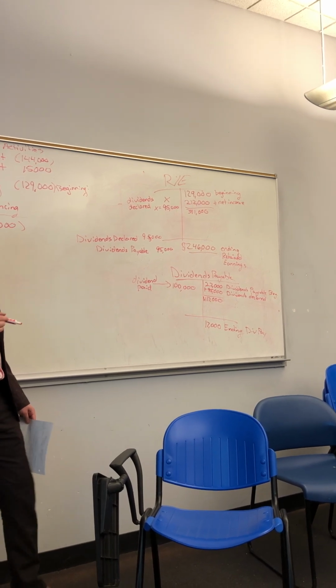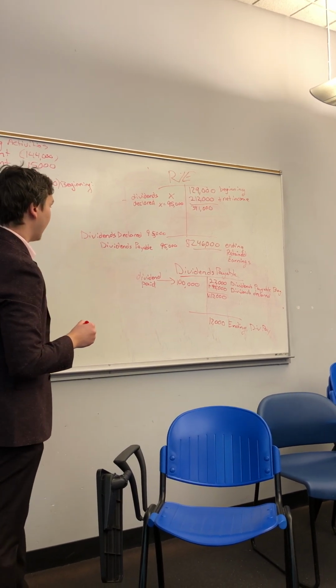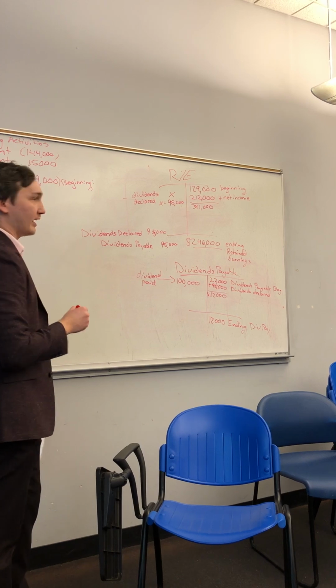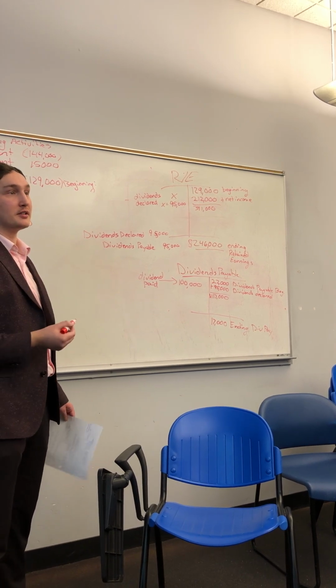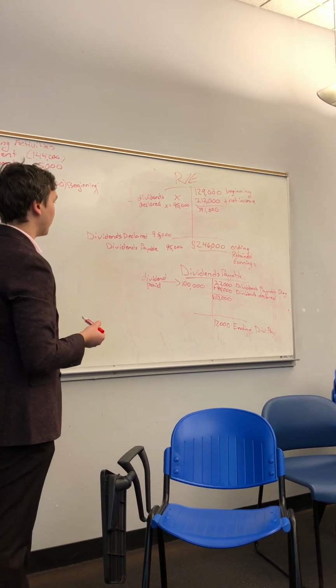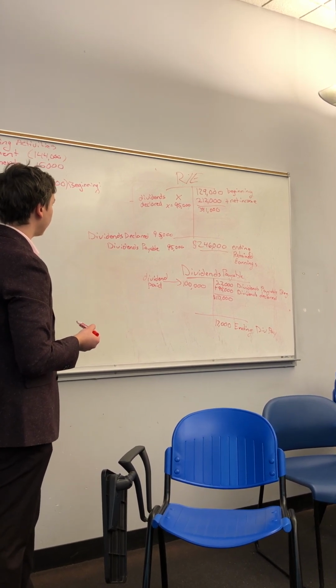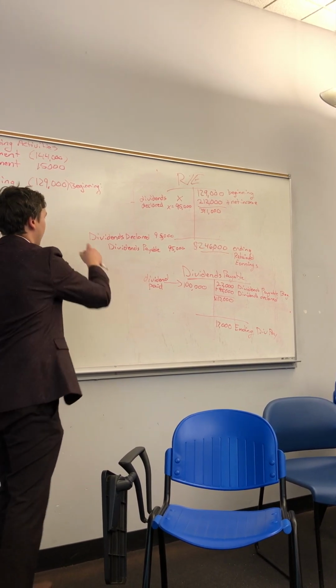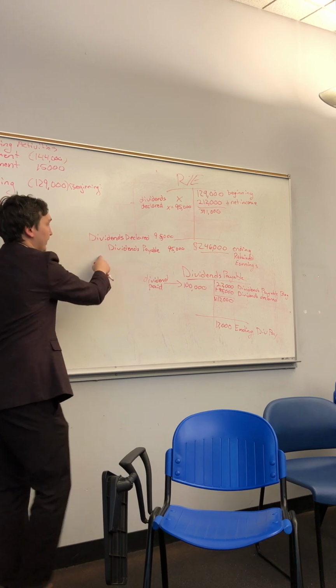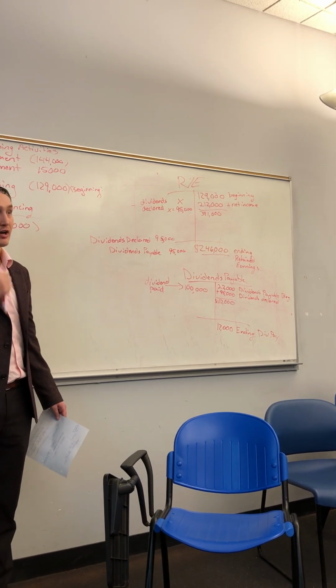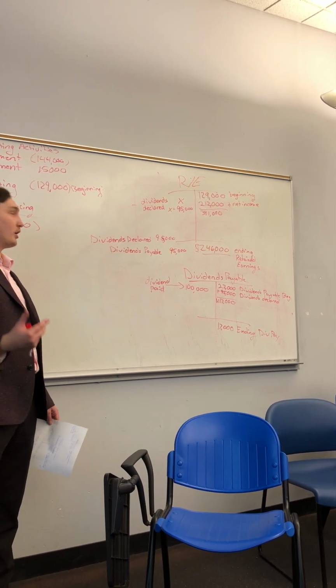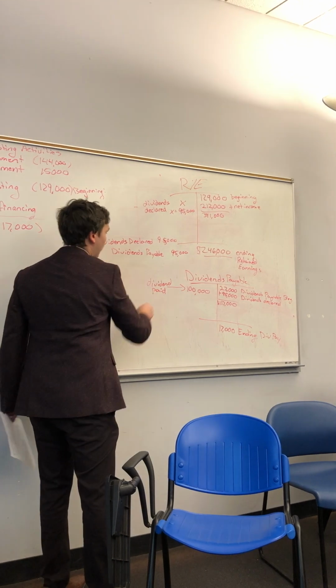Again, that's a lot of steps to get there, and it takes a really good understanding of accounting to walk through that in a reasonable amount of time. The amount of dividends you declare and the amount of dividends payable is not actually being paid out. We want to know the actual dividend paid.